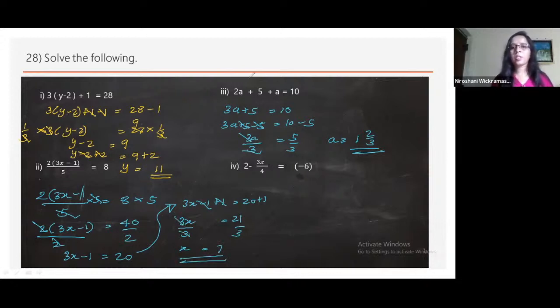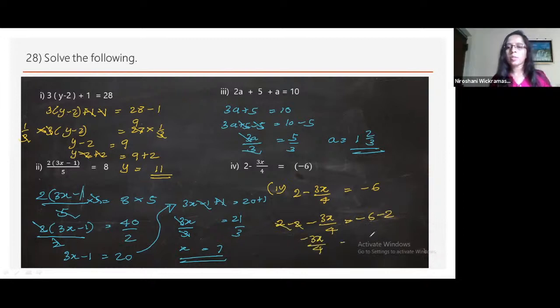This thing, last question. Fourth one. 2 minus 3x over 4 equals minus 6. Additive inverse of plus 2 is minus 2. 2 minus 2 minus 3x over 4 equals minus 6 minus 2. Minus 3x over 4 equals minus 8. Now to get rid of 4, multiply this side by 4, this side also by 4.